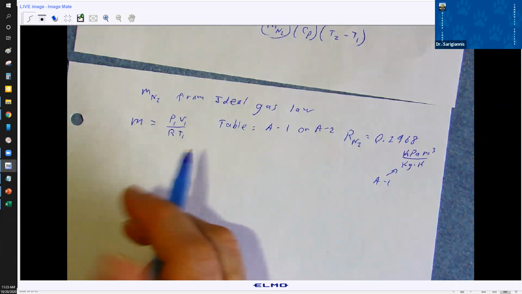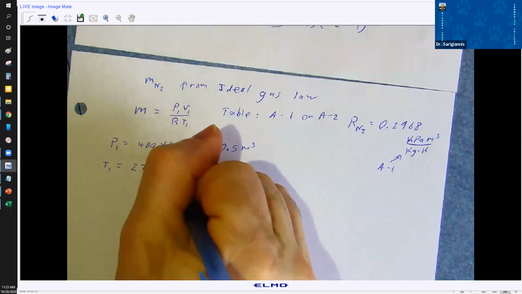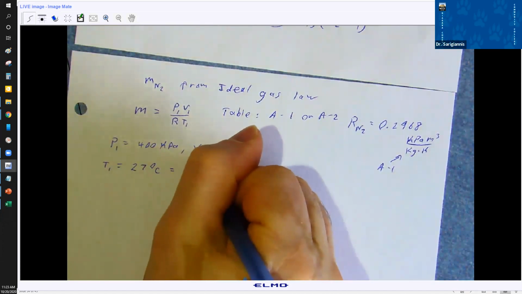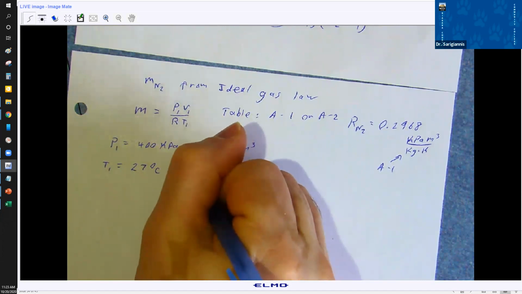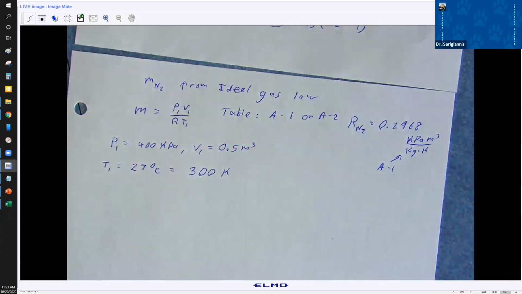T1 is 27 degrees C. However, when we use the ideal gas law, we need to use both absolute temperature and absolute pressure, right? So we have to convert this into Kelvin. We're just going to add the 273 to it, 300 Kelvin.